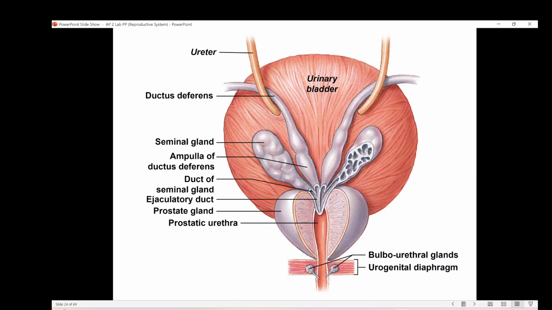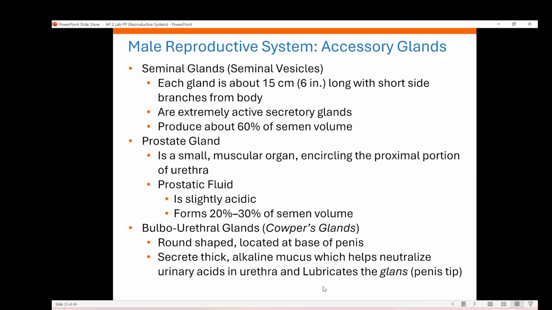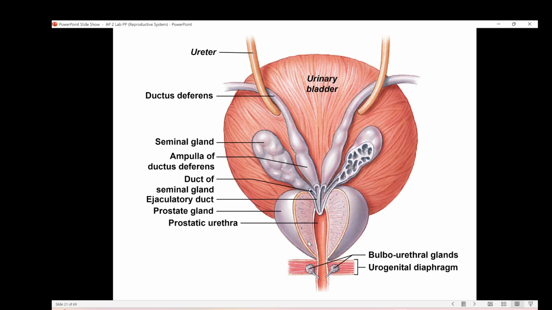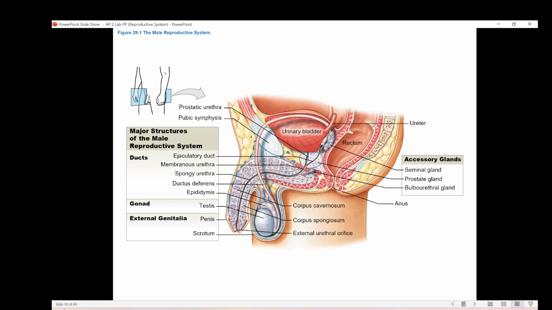If you remember from the urinary system, the average pH of urine is about 6, which is slightly acidic. So sperm don't do well in an acidic environment. So this secretion will help to neutralize the environment of the urethra.